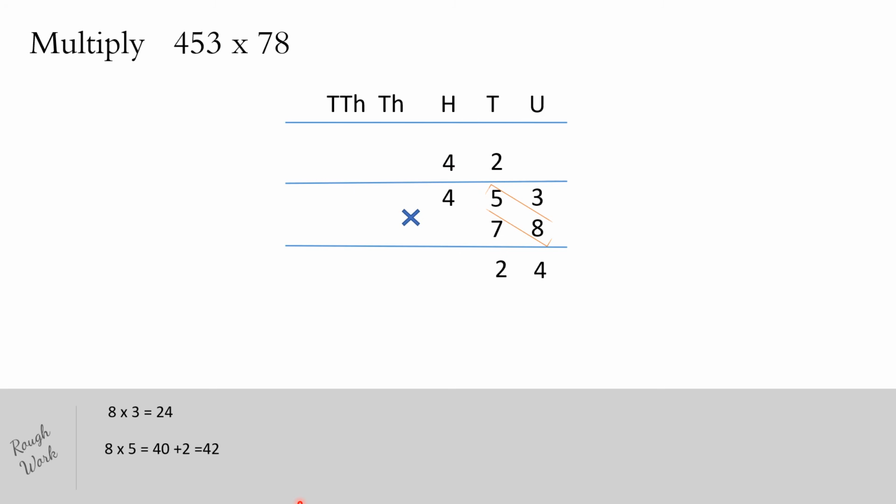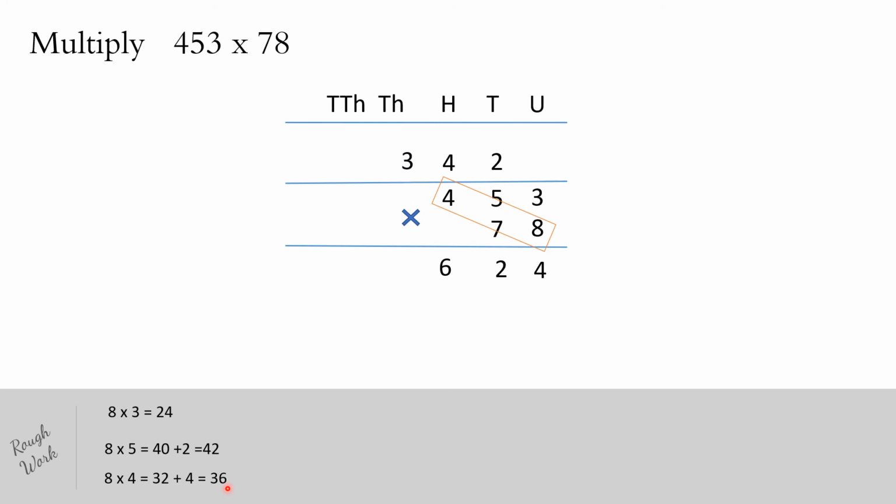Now we will multiply 8 by 4. So 8 4s are 32 and this carried number we will add with 32. So 32 plus 4 we got the answer 36. So we will write 6 at 100 place and carry 3 at thousands place.